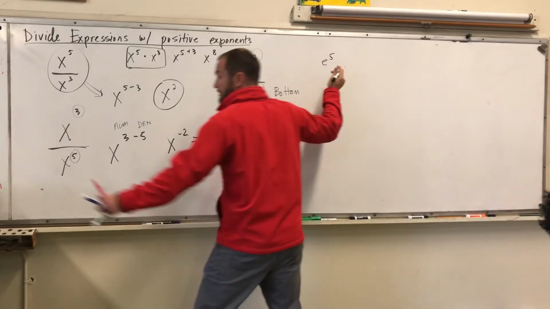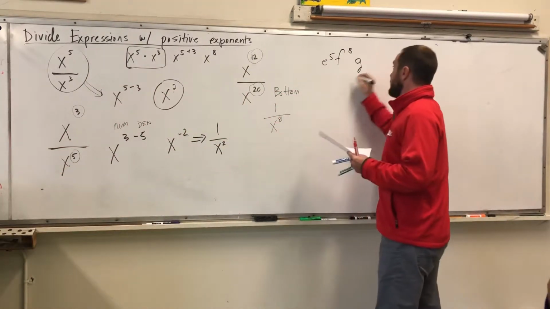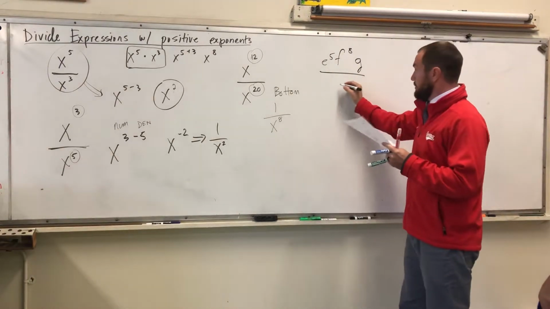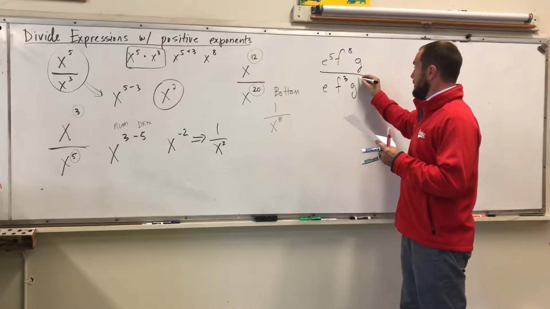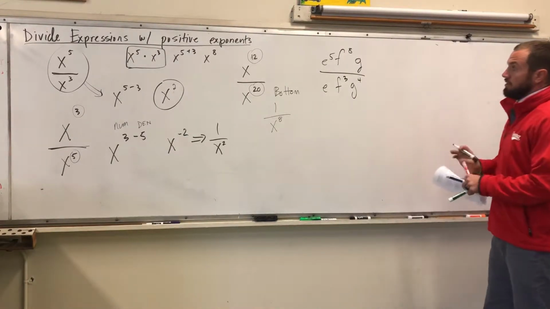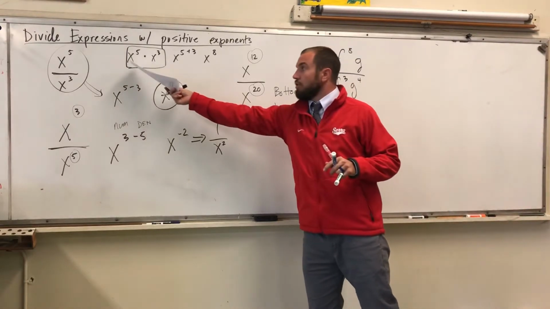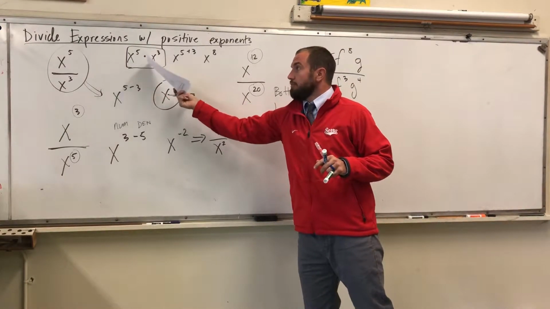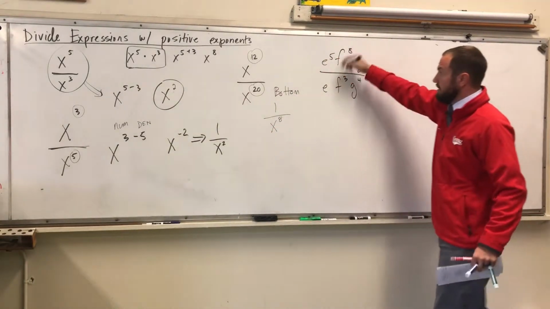Now you'll get an example. 3 different variables, each of which you're dividing. And the idea being, basically the same thing as before, you can only work with similar base variables where the bases are the same. Same thing here.